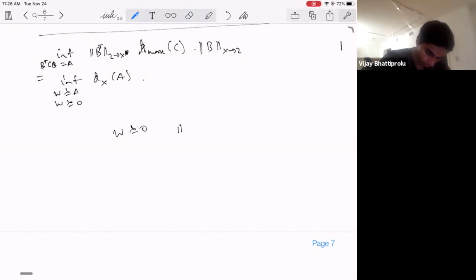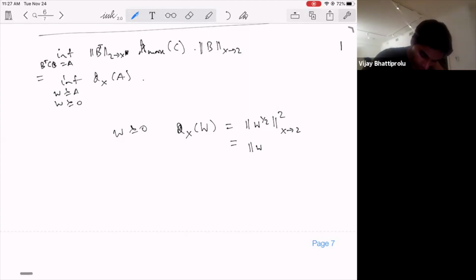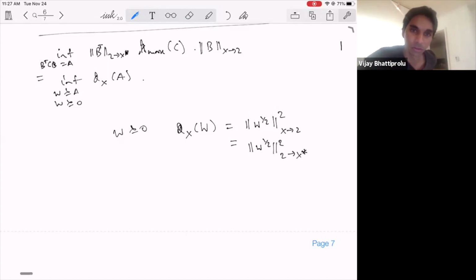Then the quadratic maximum of W is actually equal to the squared X to 2 norm of W to the half, which is also equal, by the duality I mentioned at the start of the talk, to the squared norm of 2 to X star. A transpose took place, but I'm assuming W is symmetric, so the transpose is not showing.